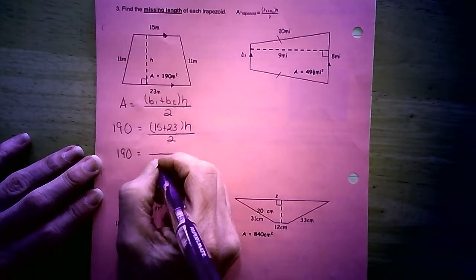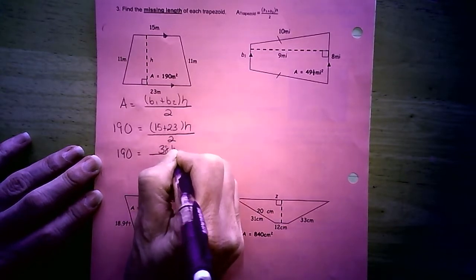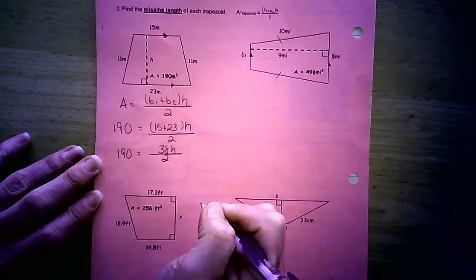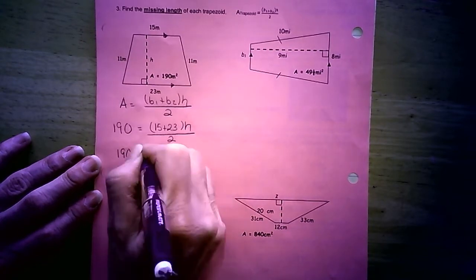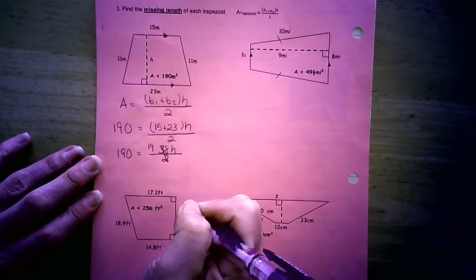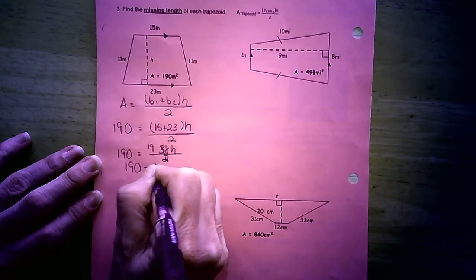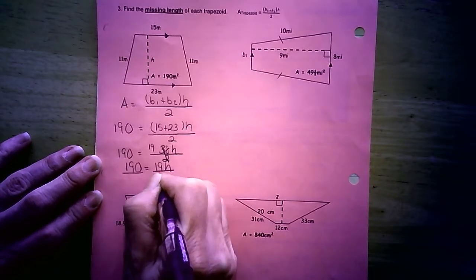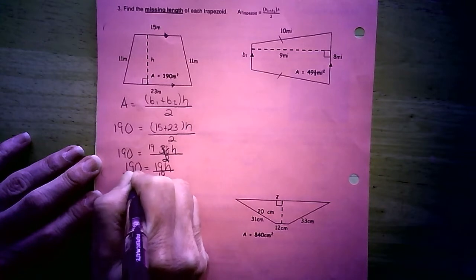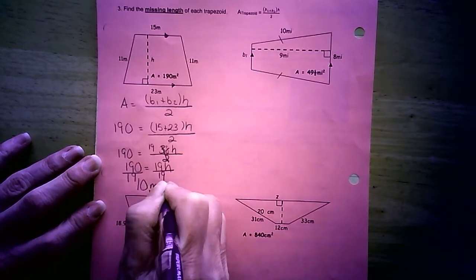Sure enough, I add them together and I get 38 H divided by 2. Half of 38 is 19. So I have 190 equals 19H. When I divide by 19, I get a very friendly number of 10 meters for my height.